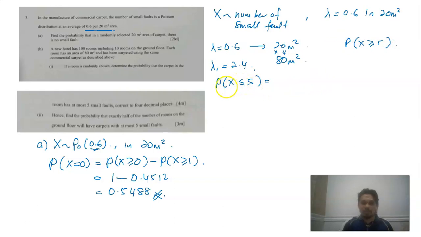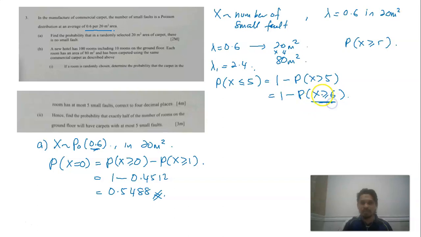So this includes the probability of X equal to 0, 1, 2, 3, 4, including 5. So we can use 1 minus the probability of X greater than 5, which is 1 minus the probability of X greater than or equal to 6.